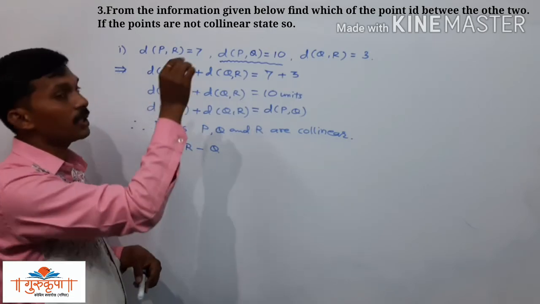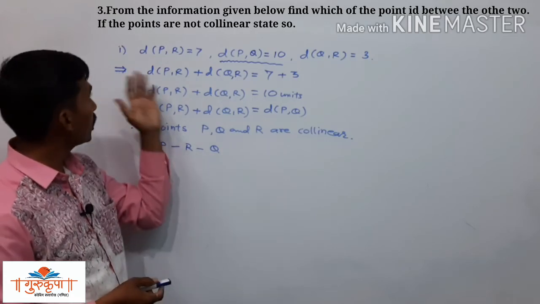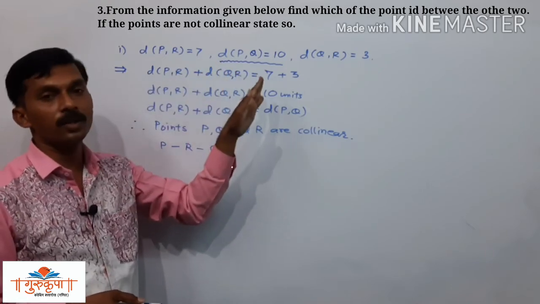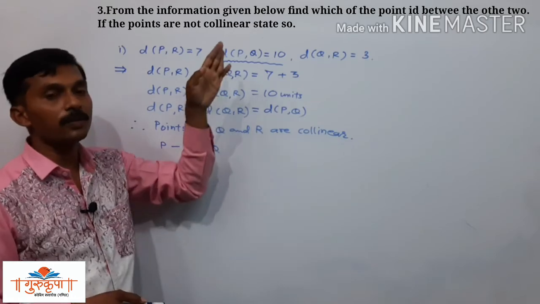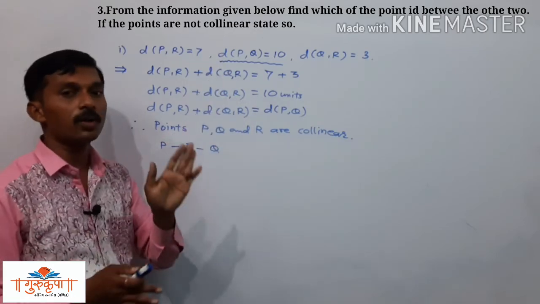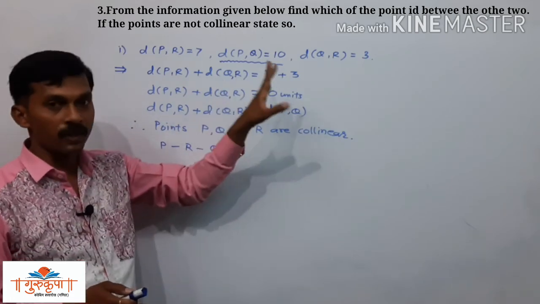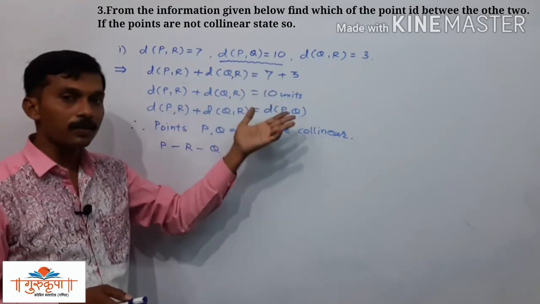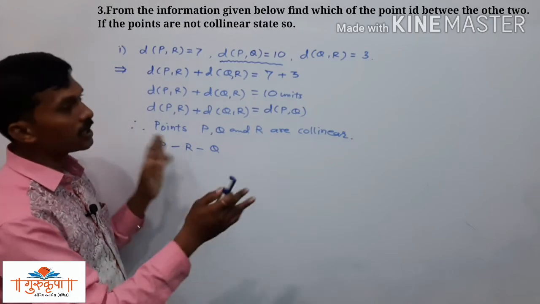Total 6 examples are there, but we are not going to take each and every example. We explained one example here. We will take one more example, and the remaining 4 examples you have to solve, because all these examples are of the same type and we do not have that much time to spend on each and every example.